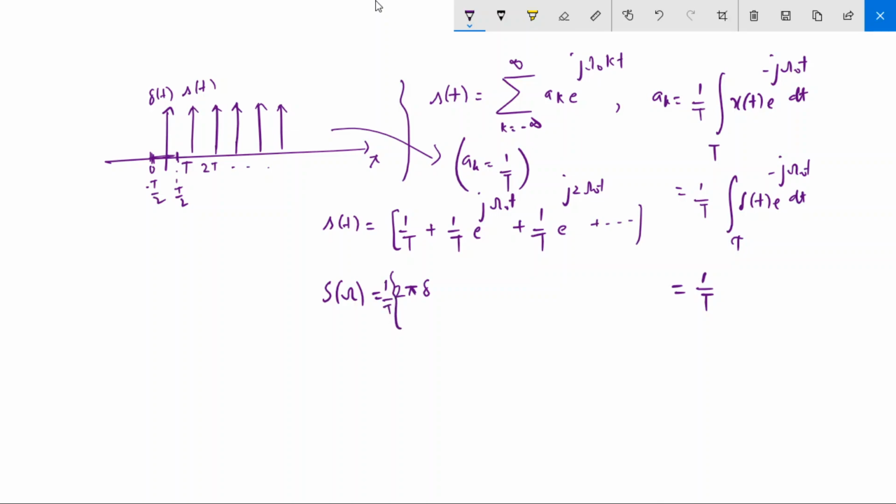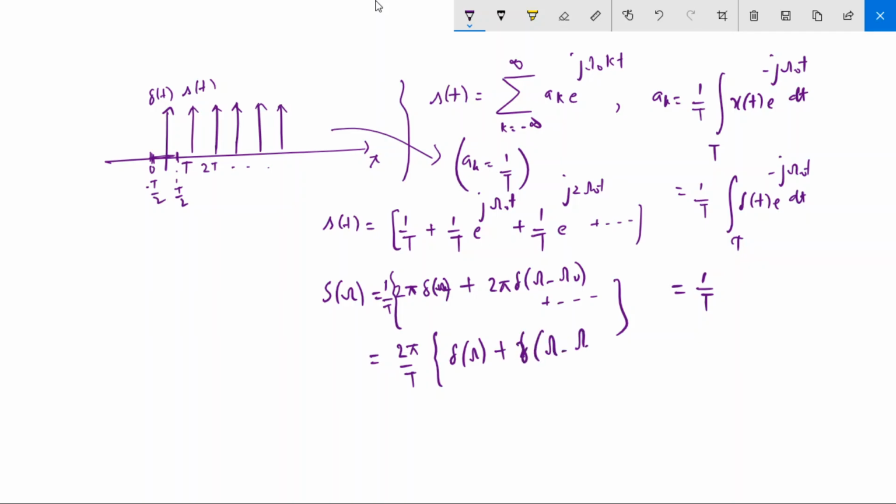This will be 1 now. 1 has a Fourier transform 2 pi delta(omega). Then e raised to power j omega naught t, its Fourier transform will be 2 pi into delta(omega minus omega naught) and so on. So you can also take this 2 pi outside, it is a common factor. So 2 pi by T, you will get delta(omega) plus delta(omega minus omega naught) plus delta(omega minus 2 omega naught) and so on.